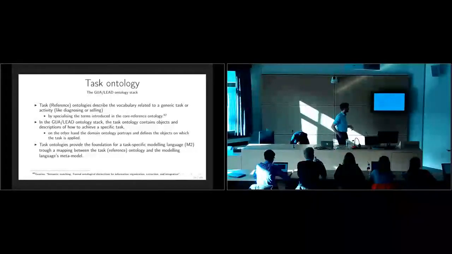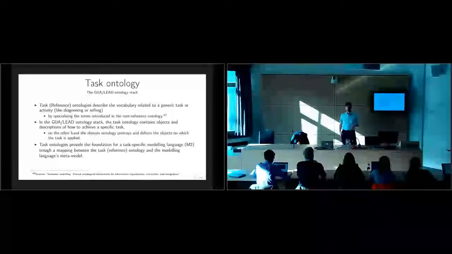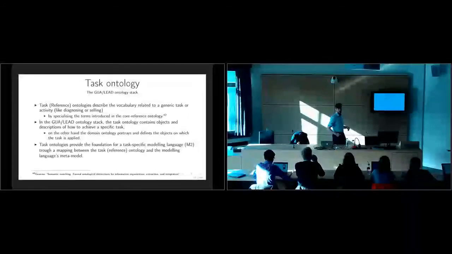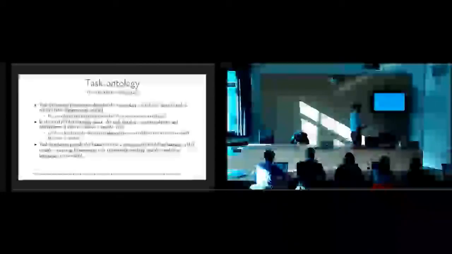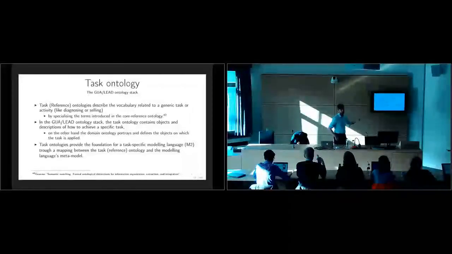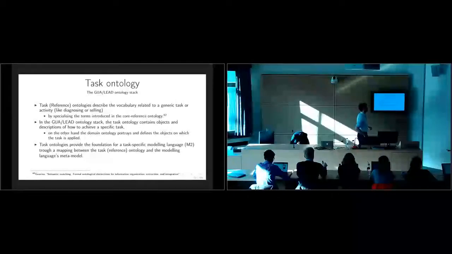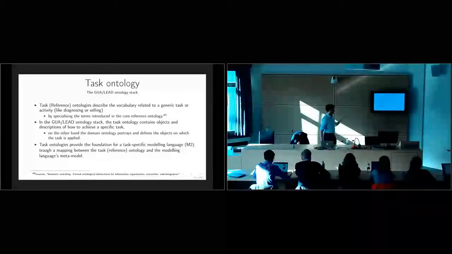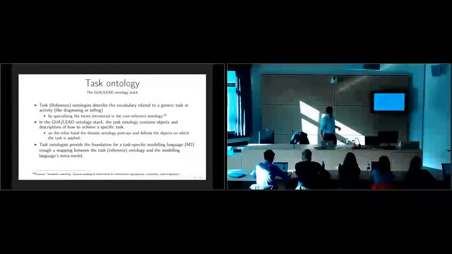Here, trivial examples like diagnosing, like selling. So how do I get things done? What is the sequence of things, or what do I need to do? What things can be forgotten? For example, those things are documented in the task ontology. So they are about getting things done.